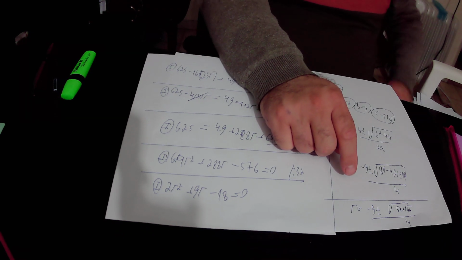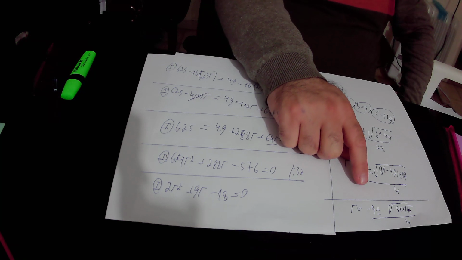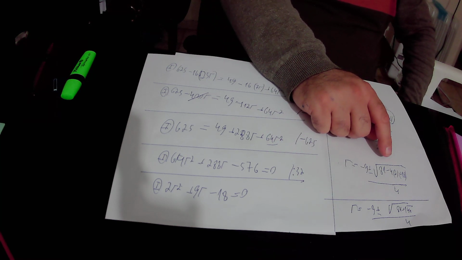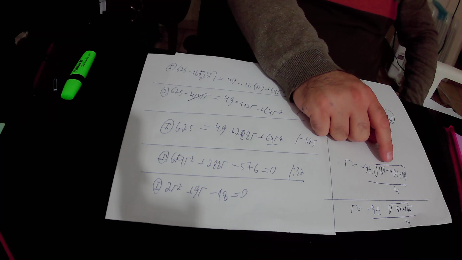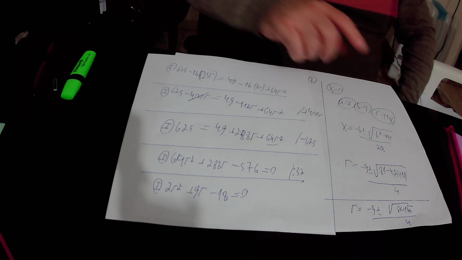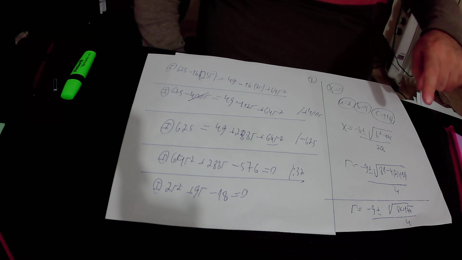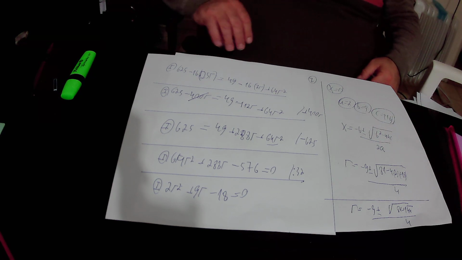So here R equals minus 9 plus minus square root of 81, and 2 times minus 18 is minus 36, and minus 36 times minus 4 is plus 144. So in conclusion, inside the root we are left only with 81 plus 144, all divided by 4.